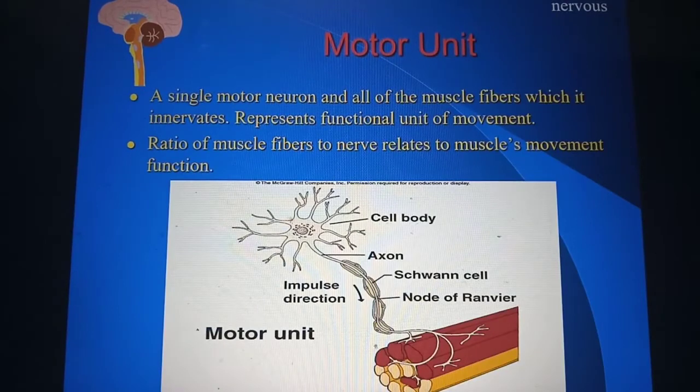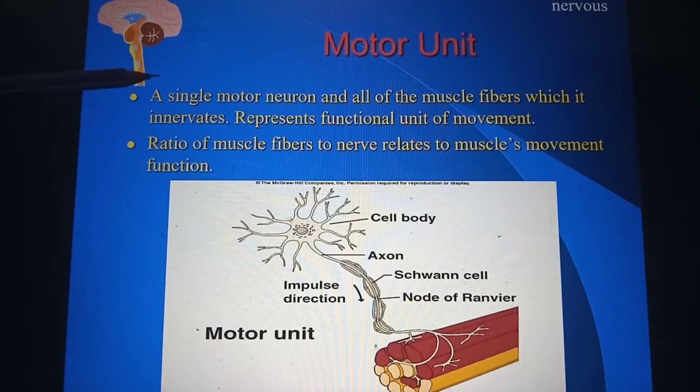So what is a motor unit? A motor unit is nothing but all the muscle fibers which a neuron innervates. A single motor neuron and all the muscle fibers that it innervates together are called the motor unit.